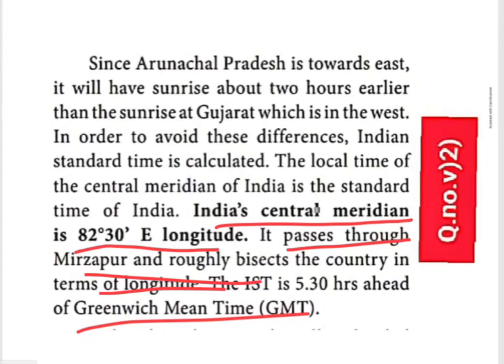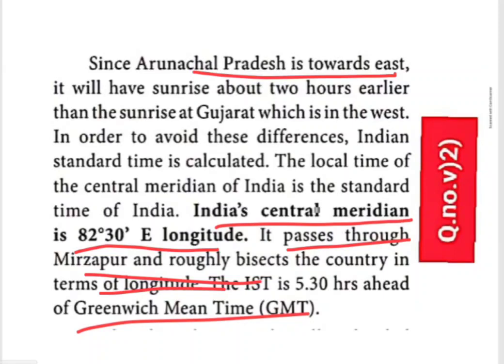So here clearly you people can understand, children, in the Arunachal Pradesh area the sun rises 2 hours earlier than in the Gujarat area. In order to avoid the differences and the confusion, Indian Standard Time was calculated after getting independence, from 1947 onwards; we are following Indian Standard Time.